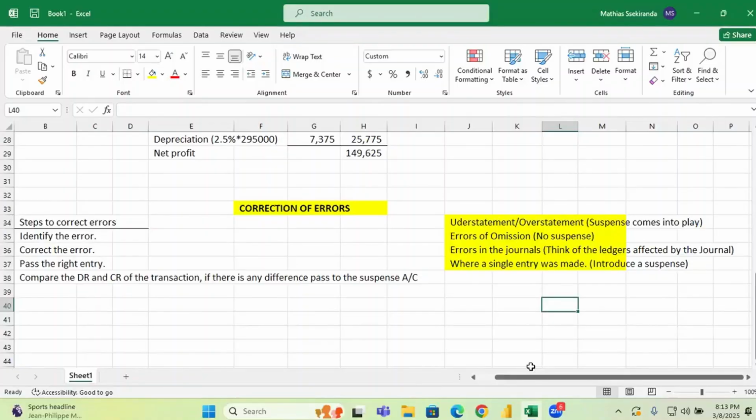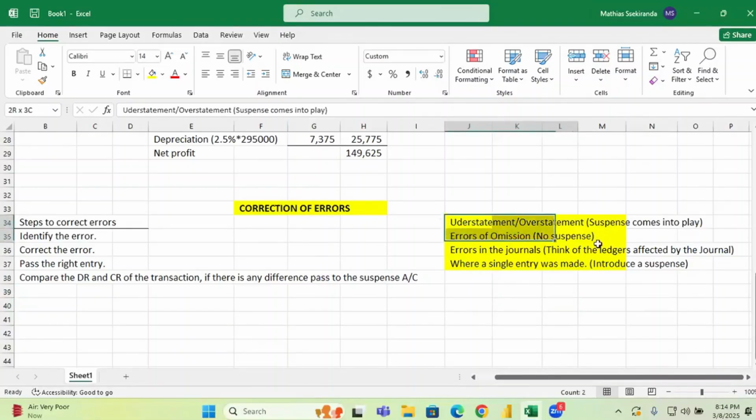It means it is only the cash book that was debited. They didn't credit the debtor's account. So in correcting this error, you credit the debtor and automatically the debit is a suspense, okay? Because the cash book was correctly made, they had passed a single entry.